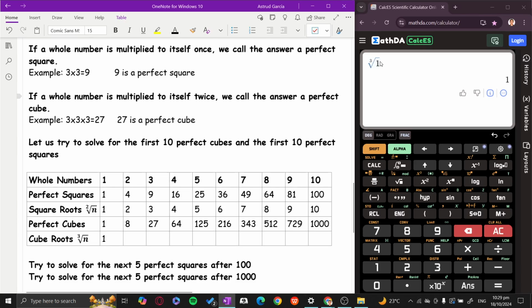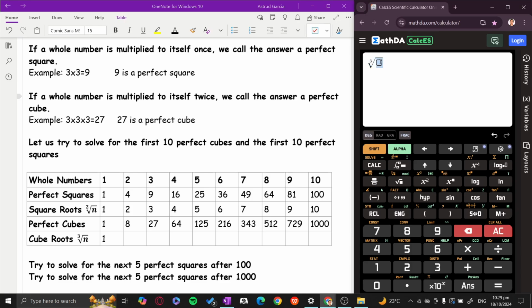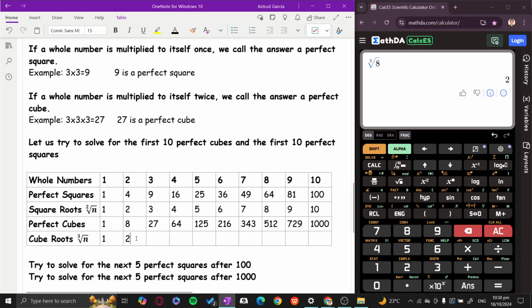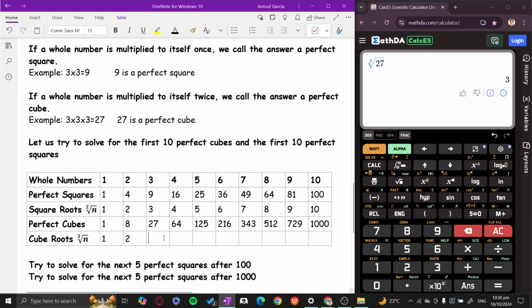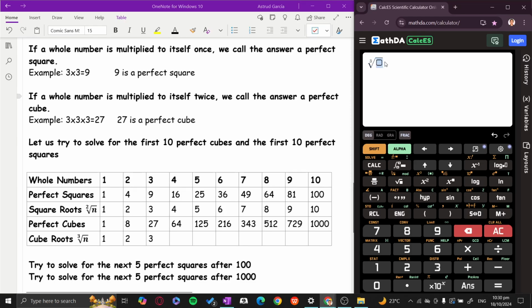Let's get the cube root of 8, which is 2. Let's get the cube root of 27. That gives us 3. And then the cube root of 64, that's 4.